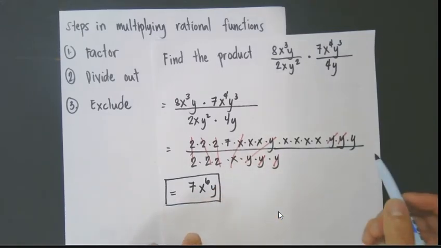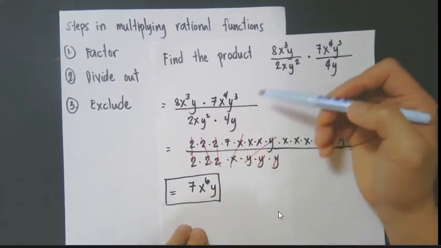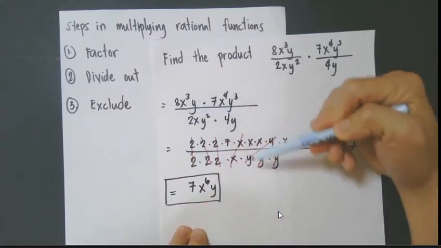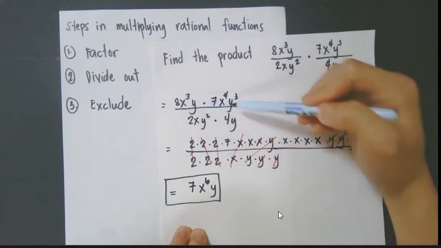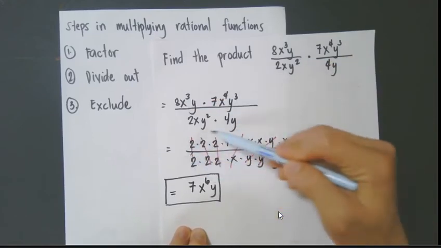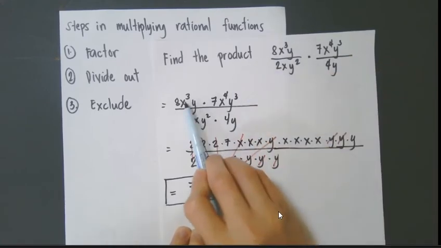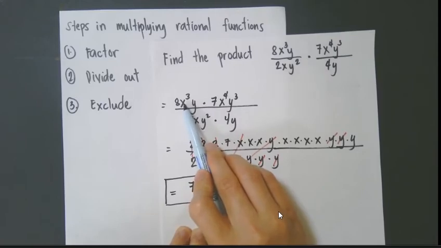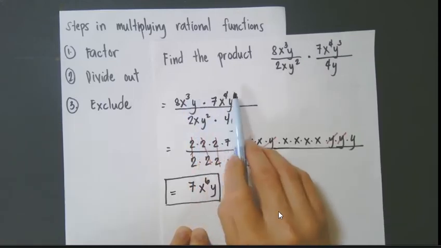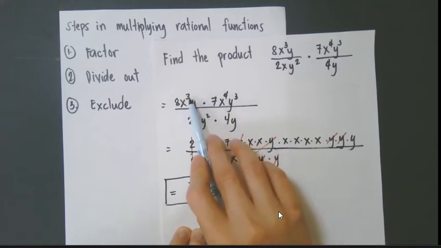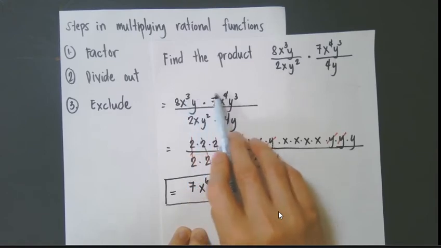Now what's a shortcut? You can actually simplify from here. If you're having a hard time canceling out coefficients, I suggest you do the prime factorization part. For the letters, it will be easy. Remember, if you're multiplying variables, rule of exponents, you would add the exponents or the degrees.